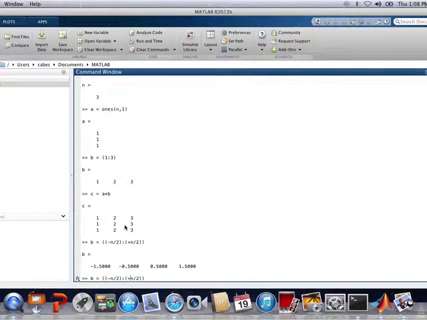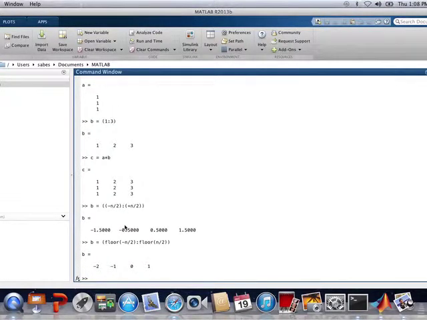However, if we use the floor function here, we do see that it's close to what we want.